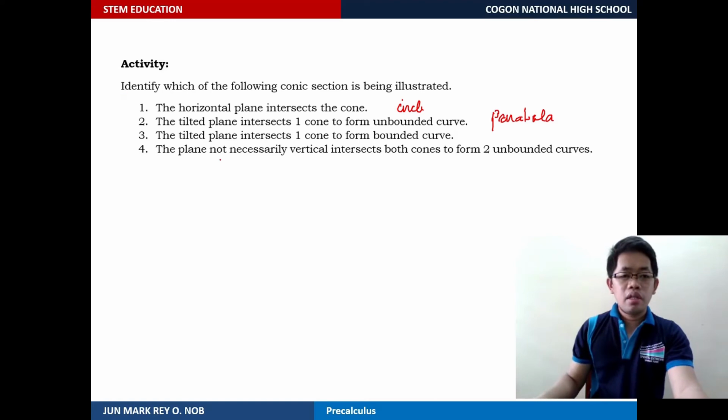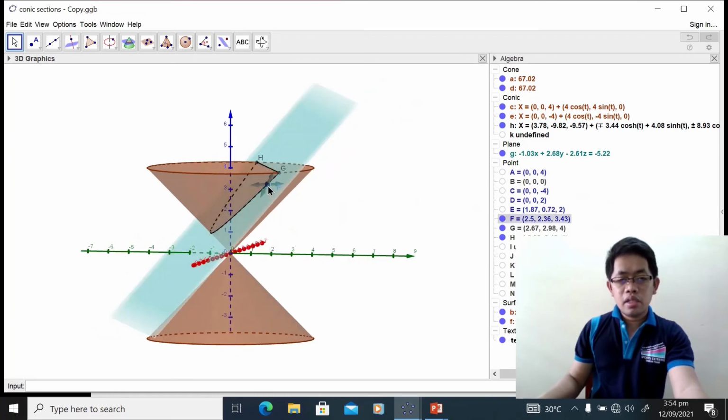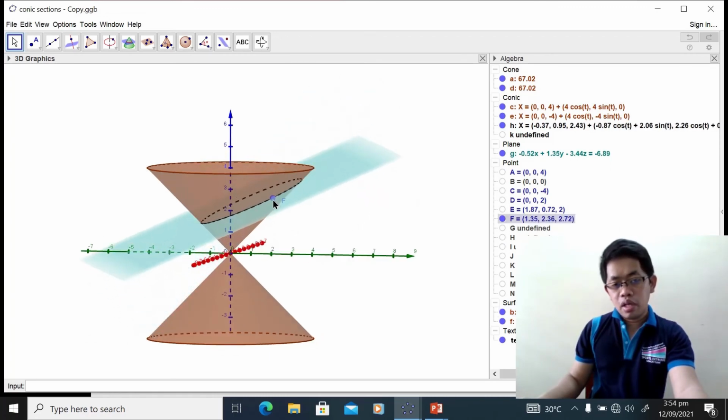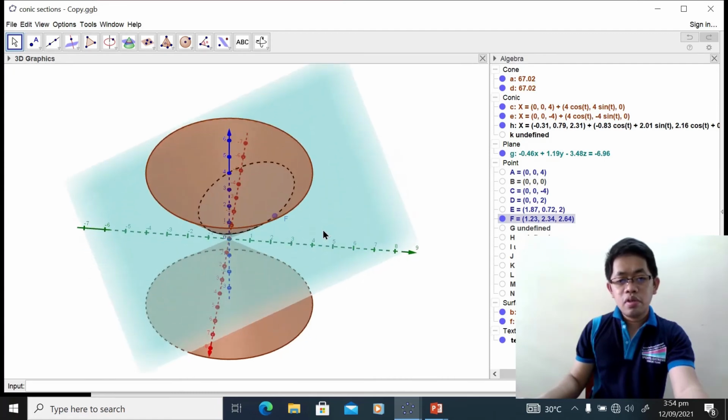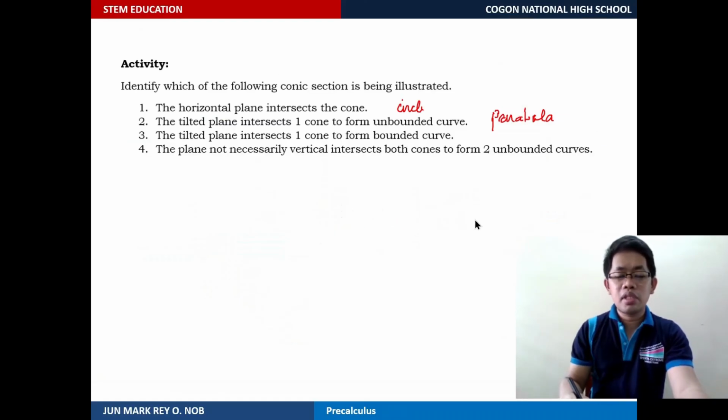Number 3, the tilted plane intersects one cone to form a bounded curve. So when the plane is tilted and intersects one cone only to form a bounded curve, we call this one an ellipse. Okay, for number 3, we have here an ellipse.